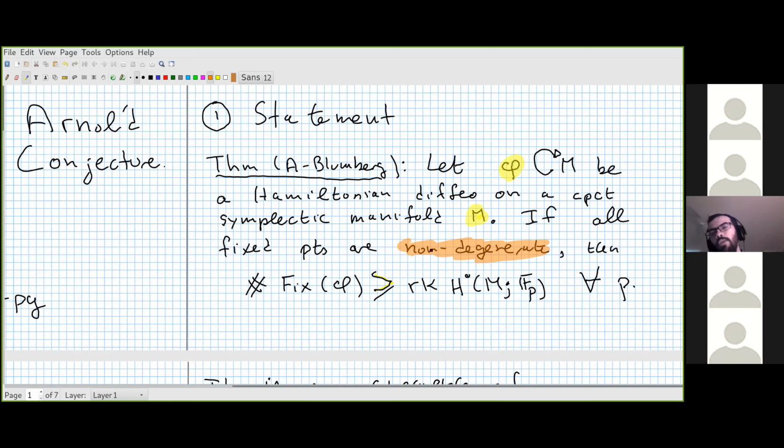Now it would be great if we could prove that, but we don't quite prove that. We prove something weaker, something at a prime. If you give yourself a prime number P, then we prove that the number of fixed points is larger than the rank of the cohomology with F_p coefficients.